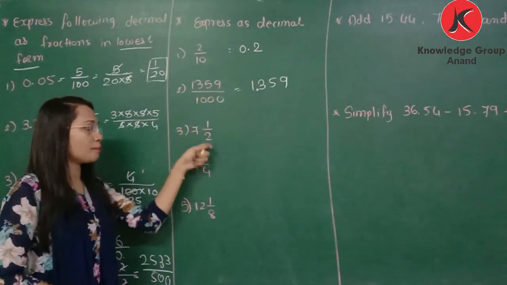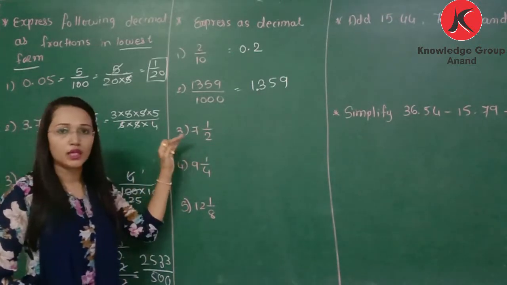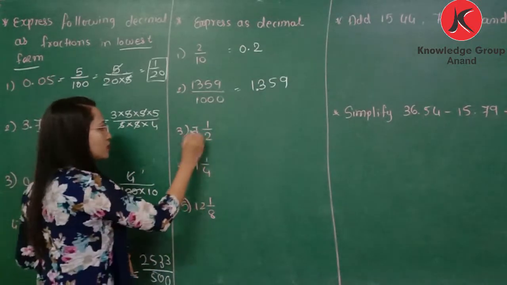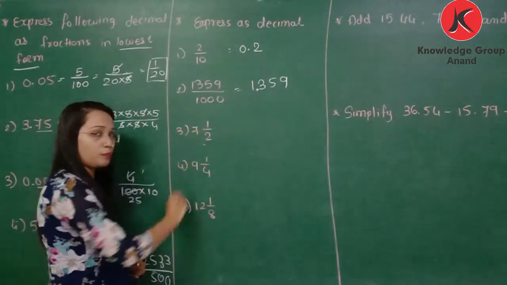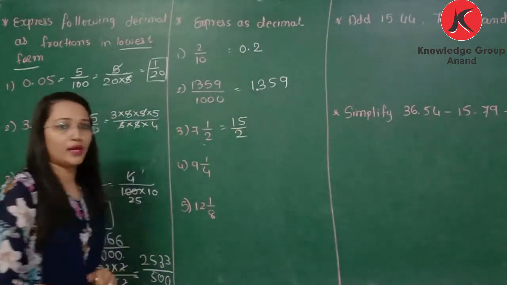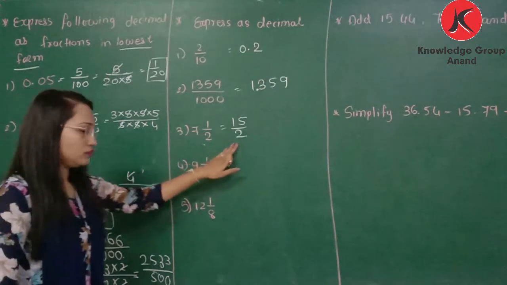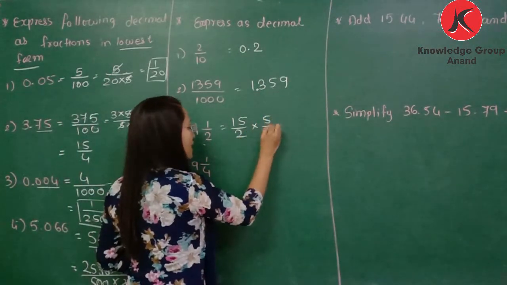Now 7 1 by 2. Here you can find the decimal form by 2 methods. First of all, convert this into an improper fraction. 7 2s are 14, plus 1, 15 by 2. Now you need to make the denominator 10 by multiplying it with 5 and dividing by 5.